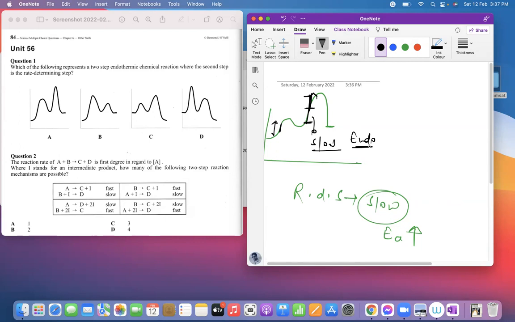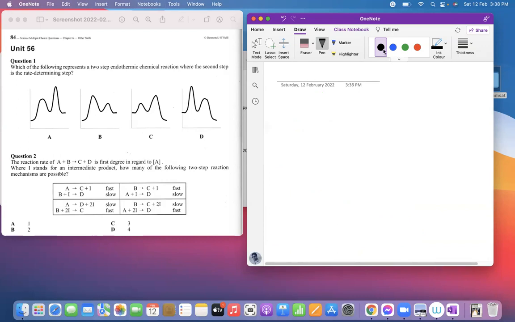We have to find how many boxes are correct with the slow step. Listen again, what is the question? This is the overall reaction, A plus B gives C plus D. And they inform me that it is first degree with regard to the concentration of A, which means the rate is directly proportional to the concentration of A, first degree, first order.